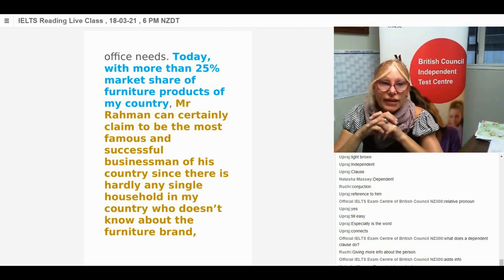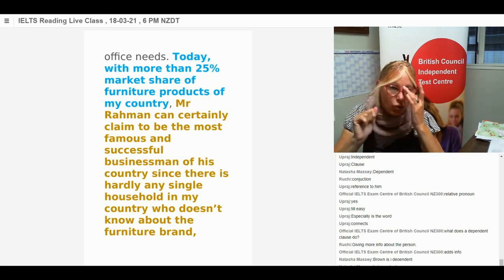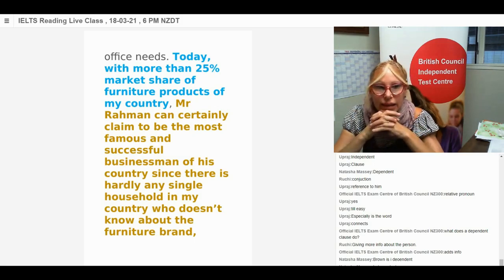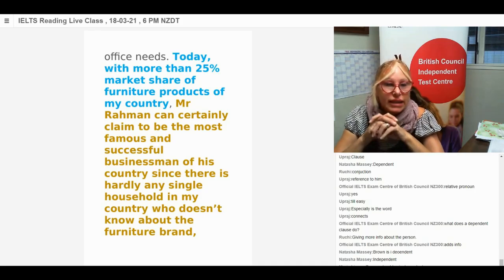Which one can stand? Yeah, brown is independent. So brown can stand on its own. Why can the blue not stand on its own? What words in there make it incomplete? What's wrong with the blue? Why is blue not complete? What's it missing?